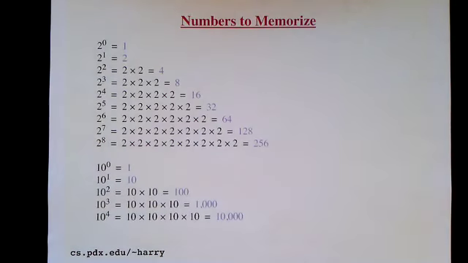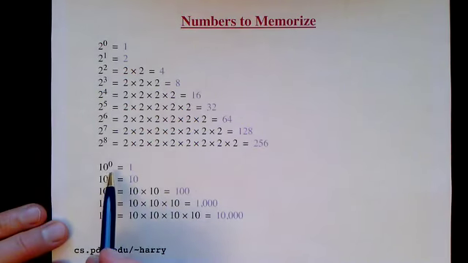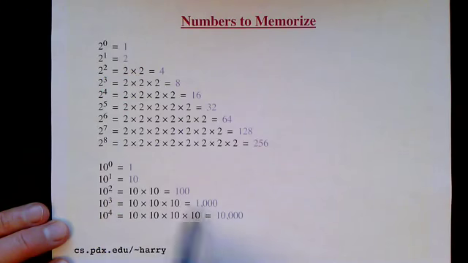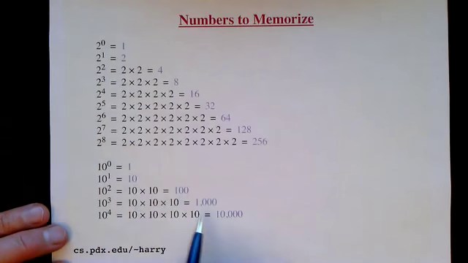This is also true of decimal numbers, and I'm sure you know that 10 squared is 100, and 10 cubed is 1,000, and 10 to the 4th is 10,000. With decimal exponentiation, you can see that the exponent tells you the number of zeros. So if you have a large exponent, remember you can just count the zeros.